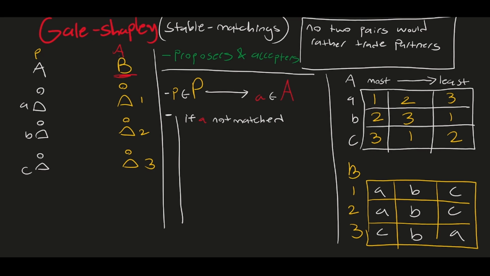So if P proposes to 1 and 1 isn't with anybody, they just match automatically, their first match. So if A is not matched with anybody, just match with P.